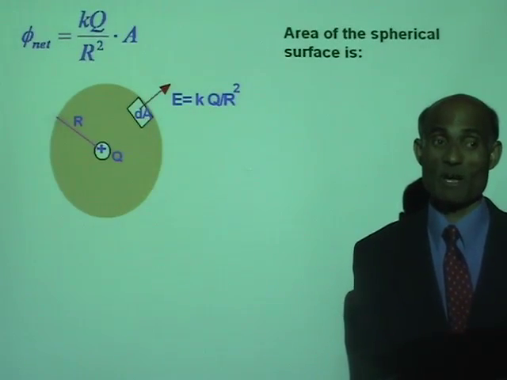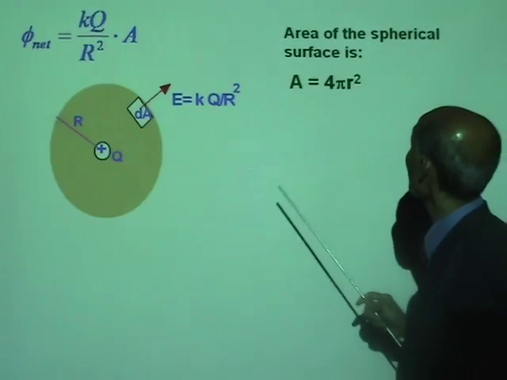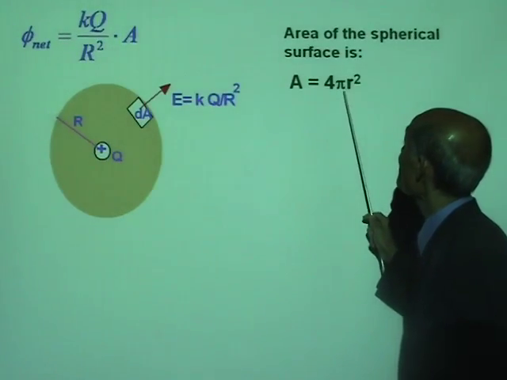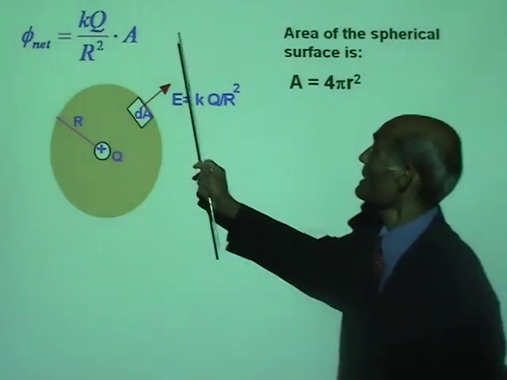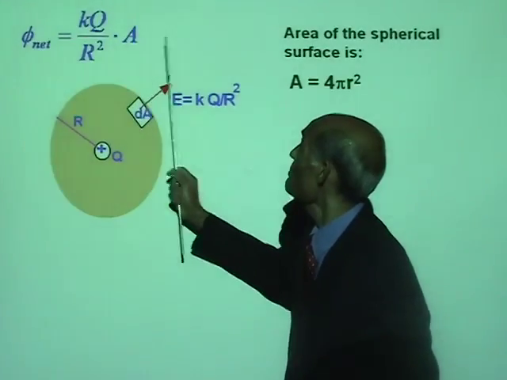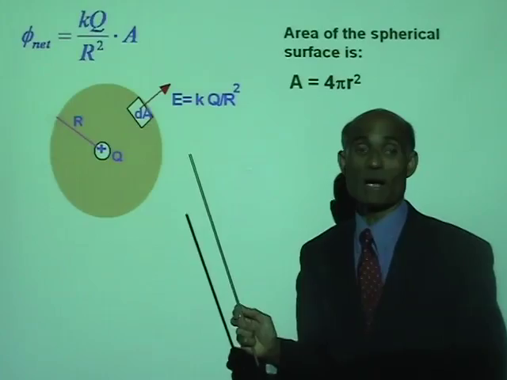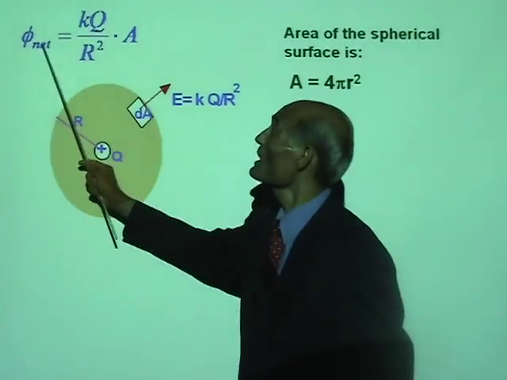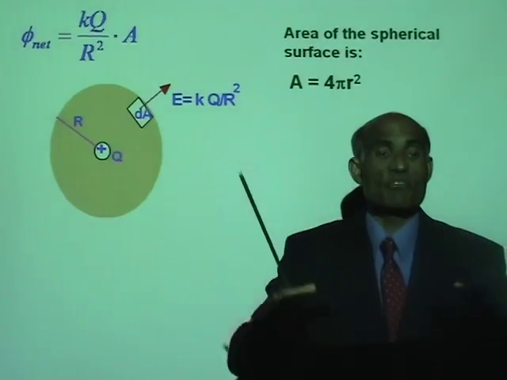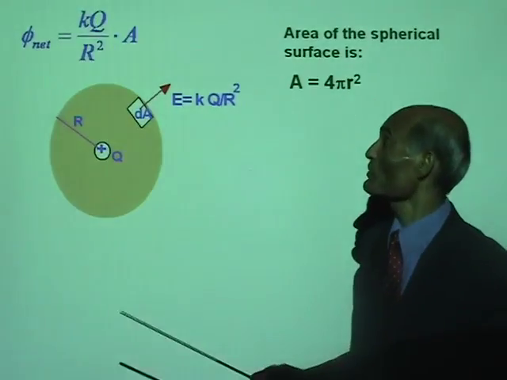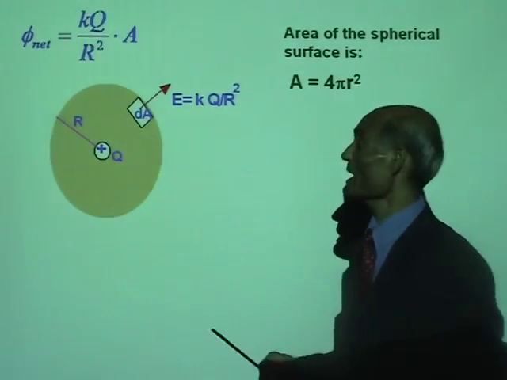Some of you might know. The surface area of a sphere is A equal to 4 pi r squared. So, let's replace this A by 4 pi r squared, and that will give you a measure of the net flux leaving the spherical surface through the entire area.